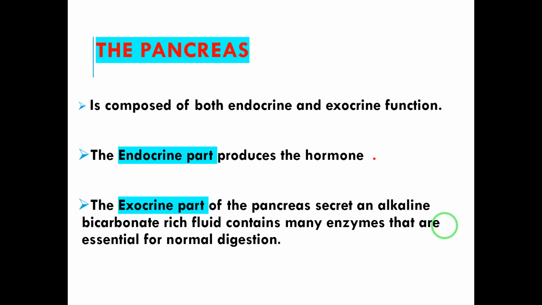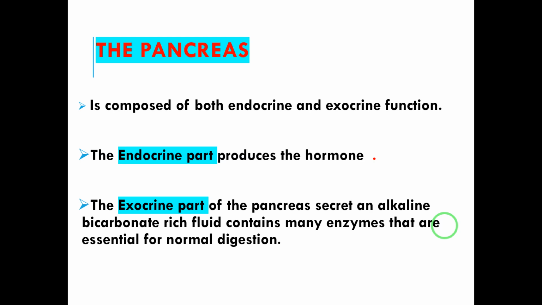We also have pancreatic polypeptide and other hormones produced from the endocrine part of the pancreas, while the exocrine part of the pancreas, which is the subject of our lecture today, will secrete mainly an alkaline fluid, which is rich in bicarbonate, and this bicarbonate makes it alkaline, and this fluid contains important enzymes that are very important for normal digestion.